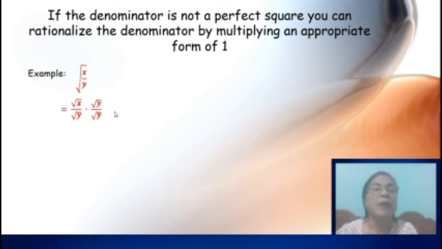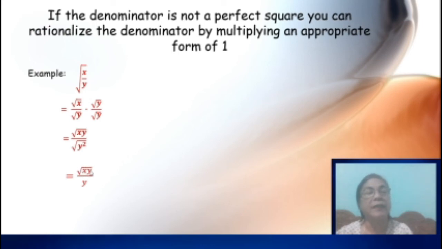So we continue. Square root of x times square root of y, we have there square root of xy. And then square root of y times square root of y is square root of y squared. We have to add the exponent. 1 plus 1 is 2. Correct. And so, square root of xy we rewrite as it is.